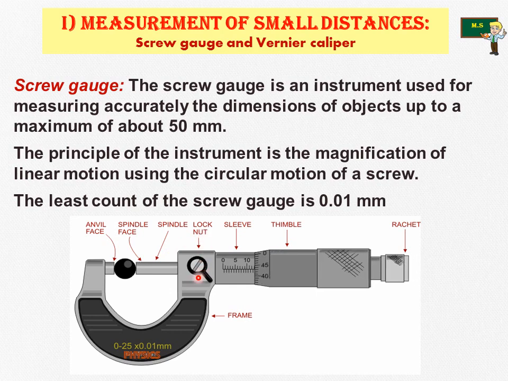You can fix this iron ball or anything here. You can lock this nut. If you lock this nut, it will be tightened, and it will not be removed. You cannot remove this ball from here. Then a sleeve, then a thimble, then a ratchet. You have to rotate this. It has also a frame.